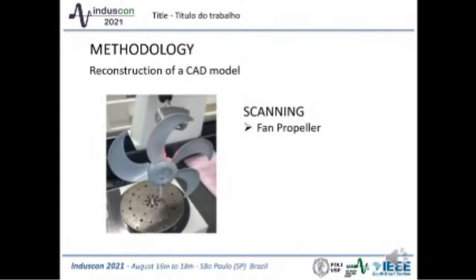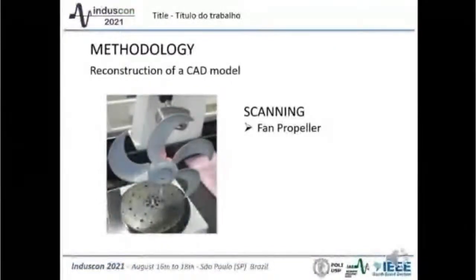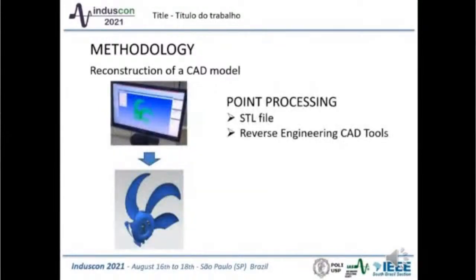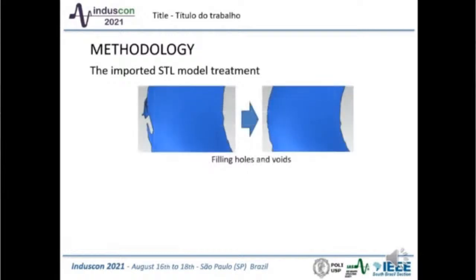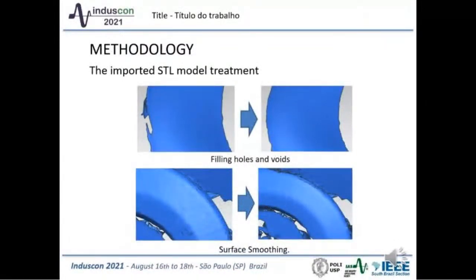In this work, a damaged fan propeller was used as a physical model. After the scan, the point process was performed. As I said, the first stage of the CAD model reconstruction is the treatment of the STL file.